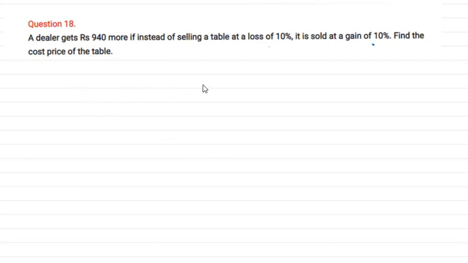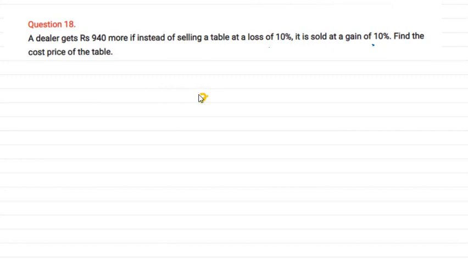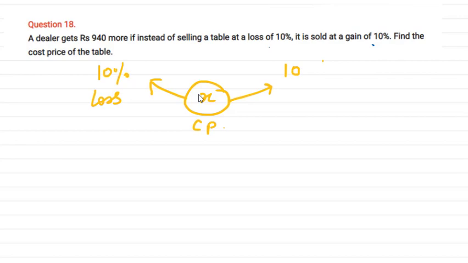So here what you have to see, suppose X is the cost price of something, okay, and then if it is sold at a loss of 10%, then there will be some SP. Now if the person sells it instead of 10% loss, he is selling it at 10% profit, then the difference between these two he is getting is rupees 940.